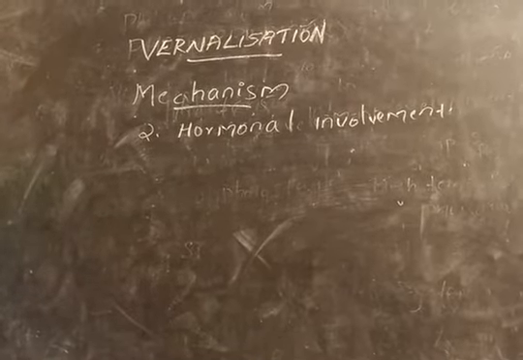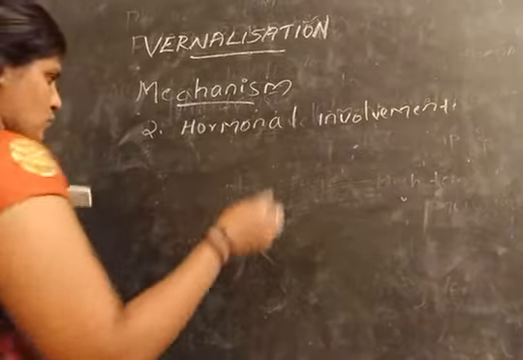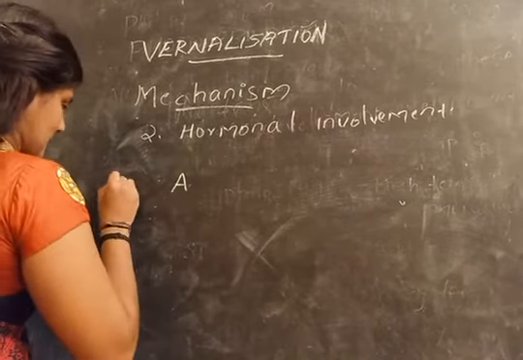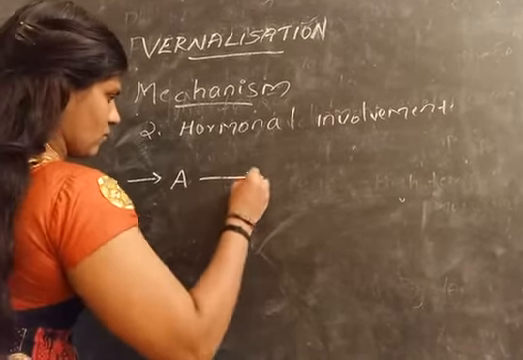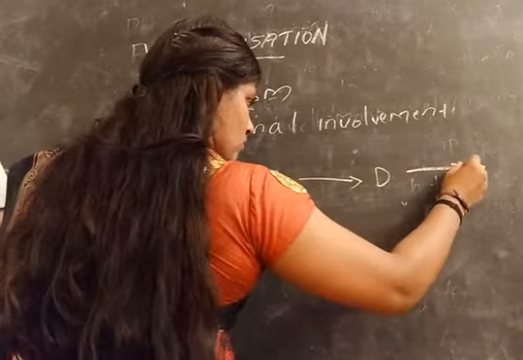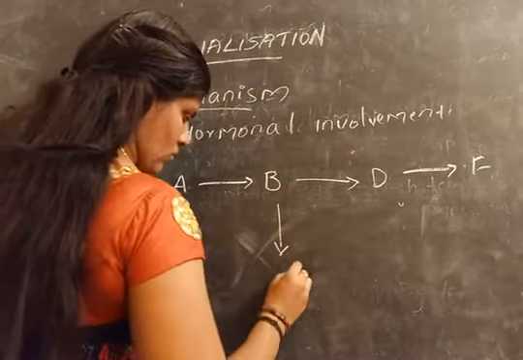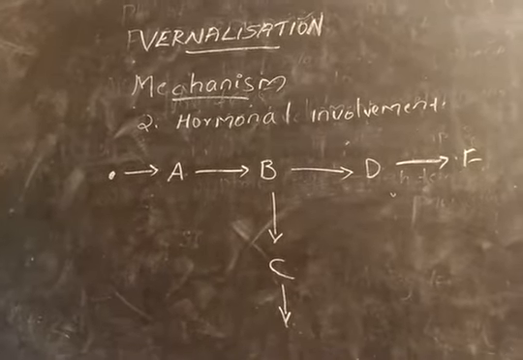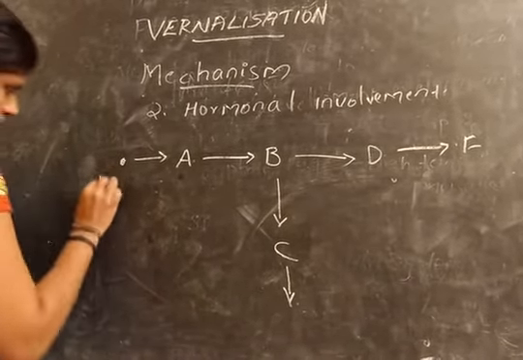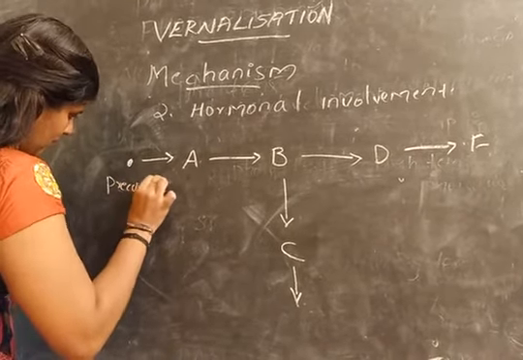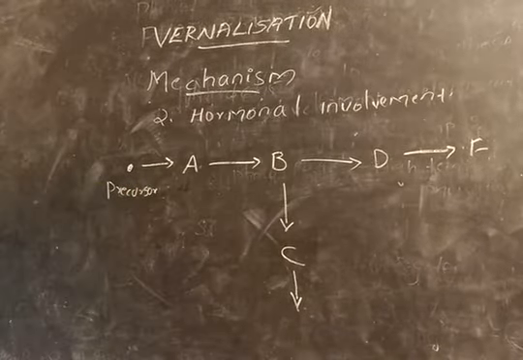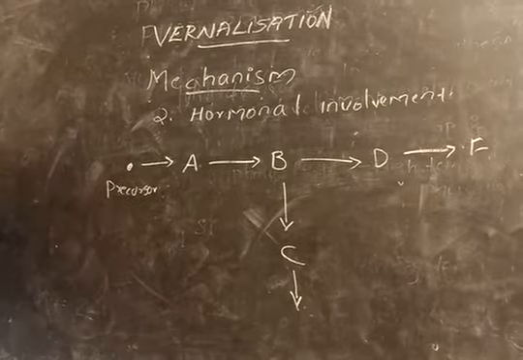According to the scientist Purvis, A is a substance which is formed from a precursor molecule, and this A is converted to B after chilling.